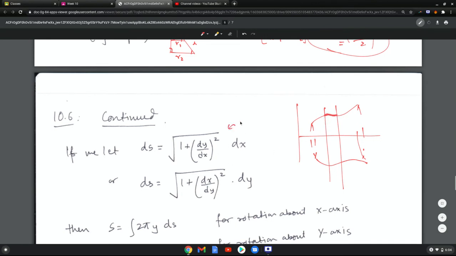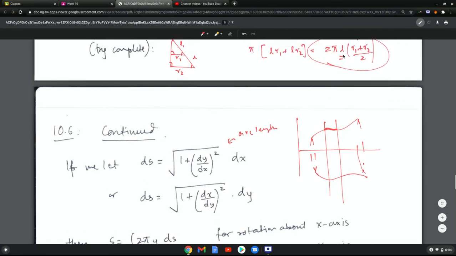Now we know what the arc length is. So in our formula, L is replaced by this quantity that we are calling ds.